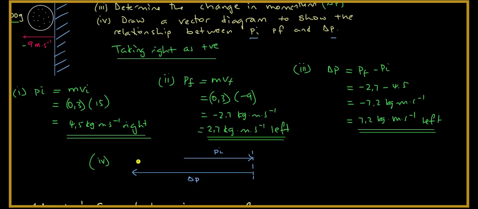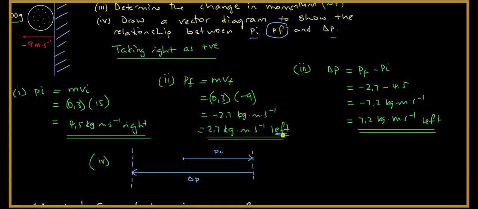Okay. Now, next up, I need to draw the vector for the final momentum. But for me to draw this, I need to start at the tail. So I must start at the tail of the first vector to the head of the last vector. So you can see that your change in momentum here is to the left.